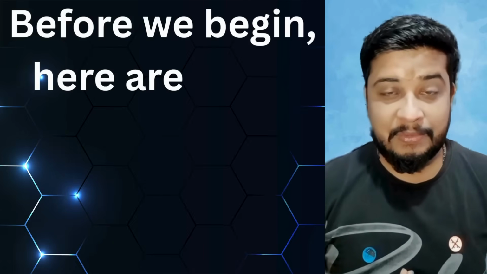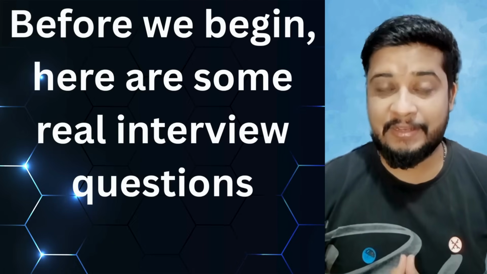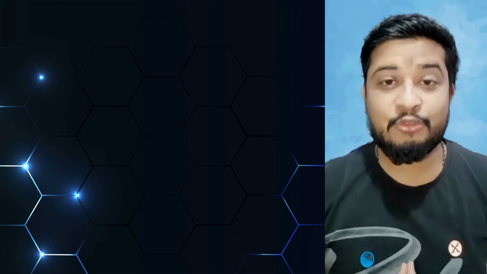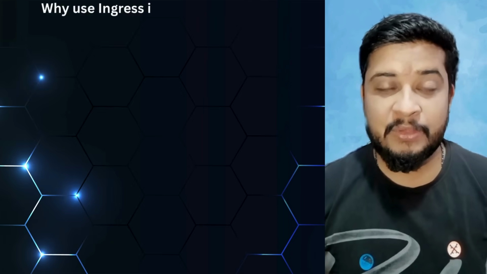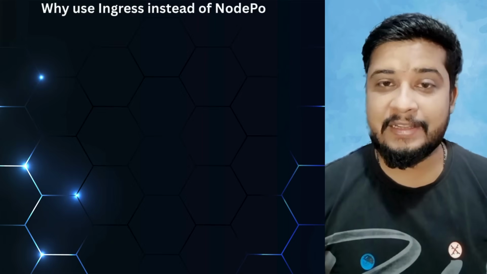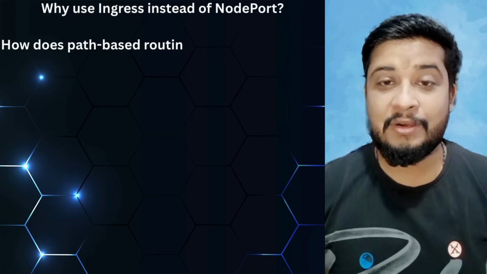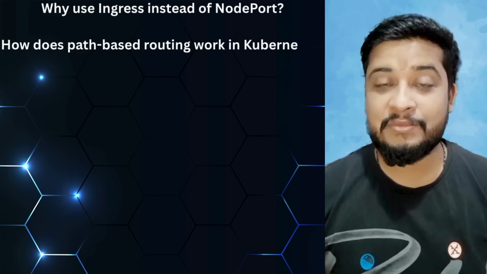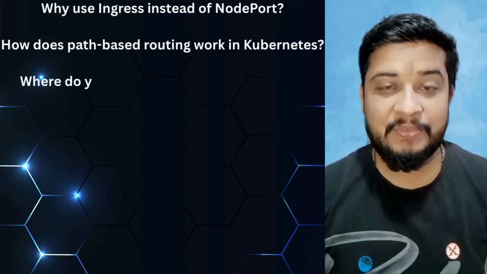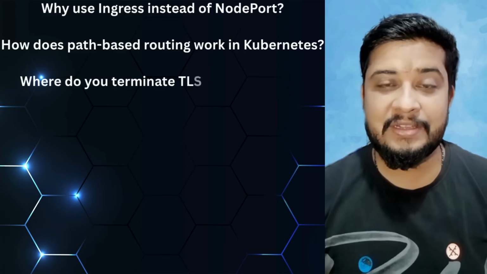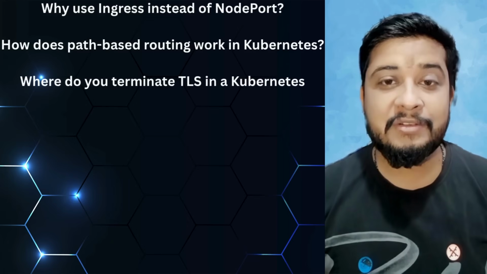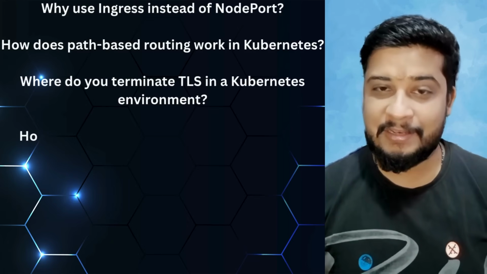Before we begin, let me hit you with some real-time interview questions. Question number 1 is, why do we use Ingress instead of NodePort? Question number 2 is, how does path-based routing work in Kubernetes? Question number 3 is, where do you terminate TLS in a Kubernetes environment?